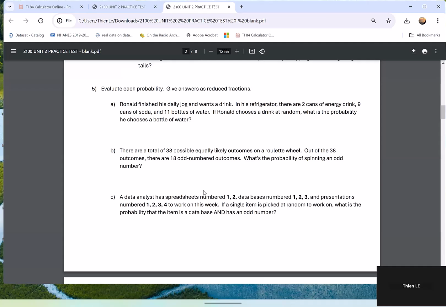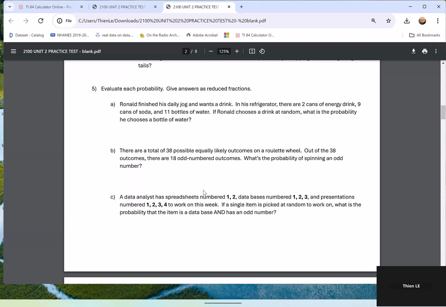He has 11 bottles of water, and in total he has 2 plus 9 plus 11, which is 22 drinks. So if he randomly chooses, the probability he gets the water will be 11 out of 22. They ask for a reduced fraction, so just put one half here.